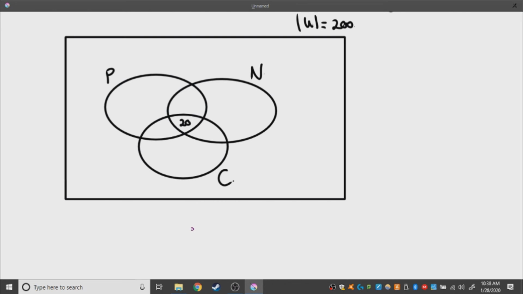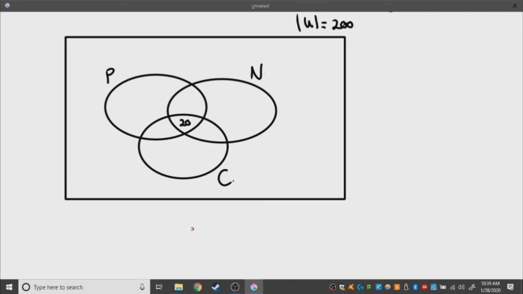Lastly, 50 out of the 200 students are enrolled only in engineering. Can I put that in? Not yet. Why not? What is the area in the Venn diagram that corresponds to only engineering courses?